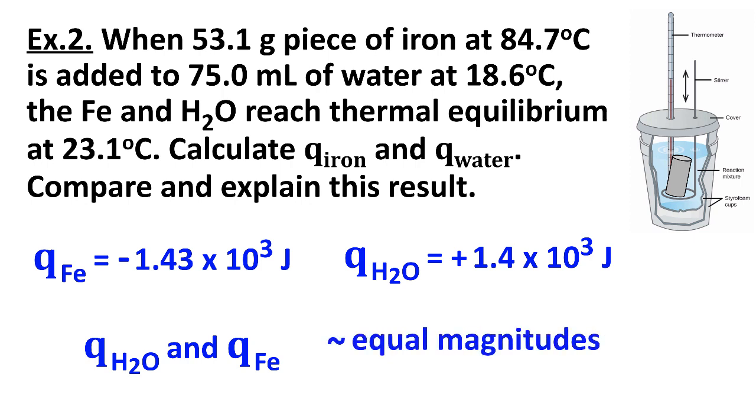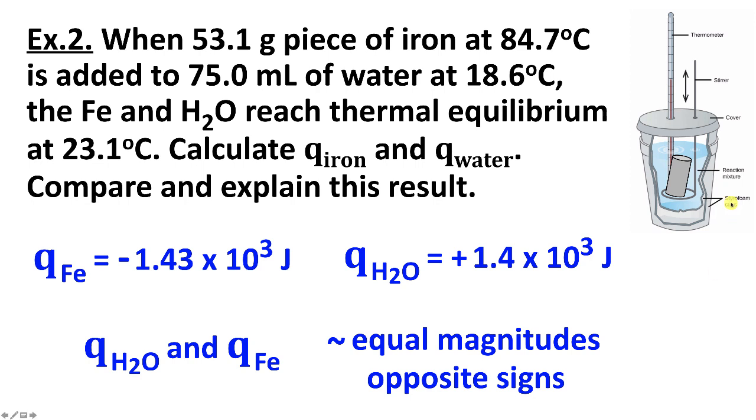They have approximately equal magnitudes, so they're both about 1,400 joules, but one is positive and one is negative. And they have opposite signs because the iron gives off energy, it's a negative Q. The water absorbs energy, it's a positive Q. And this is pretty typical for what would happen: when one substance gives off a certain amount of energy, the other substance absorbs that amount of energy.